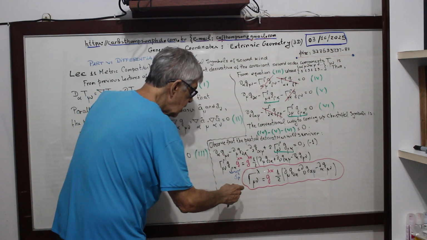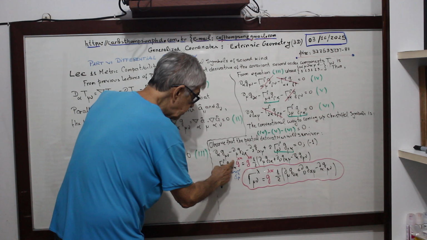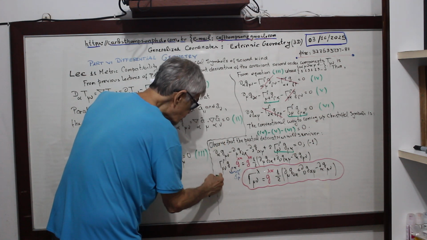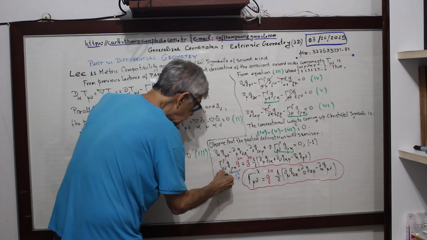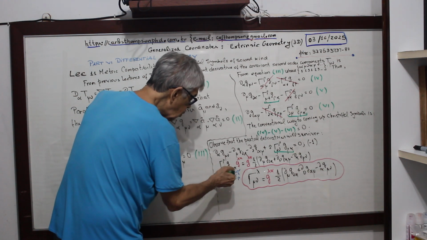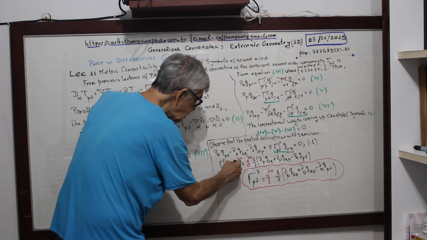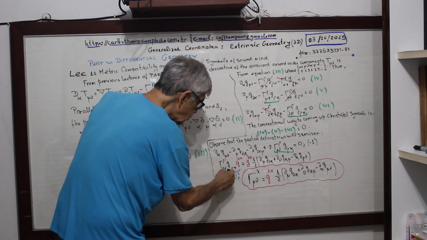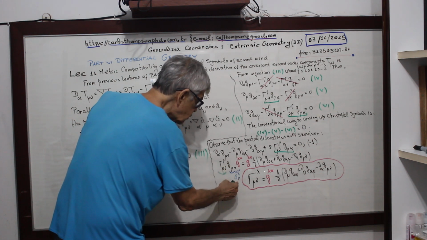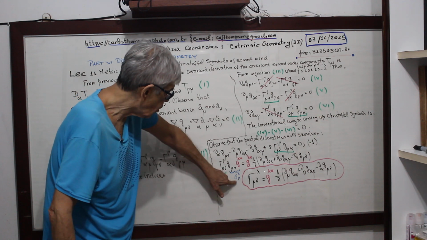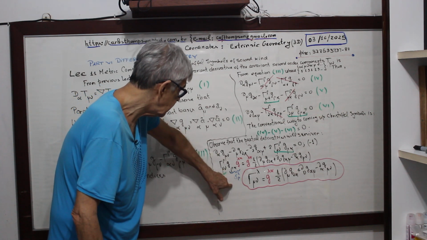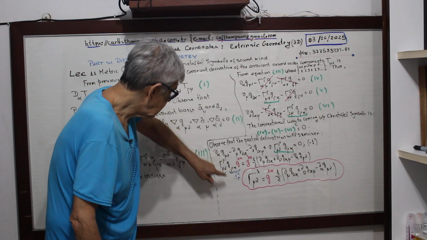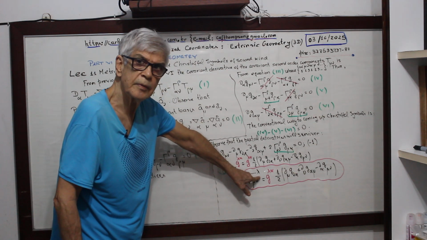Now I want to isolate just this term over here. So I multiply by g^λα, and know that g_ρα g^λα is just the Kronecker delta, δ_ρ^λ. The Kronecker delta acts on ρ and this gives λ.